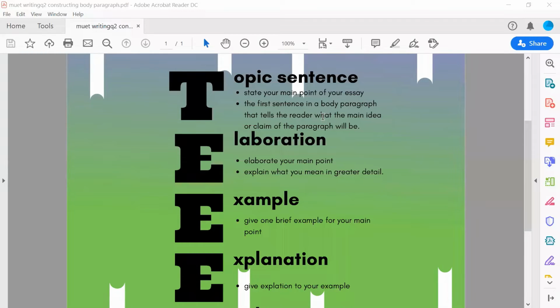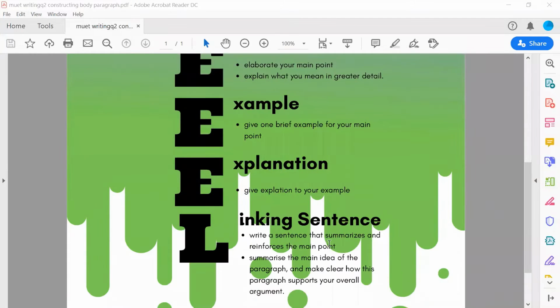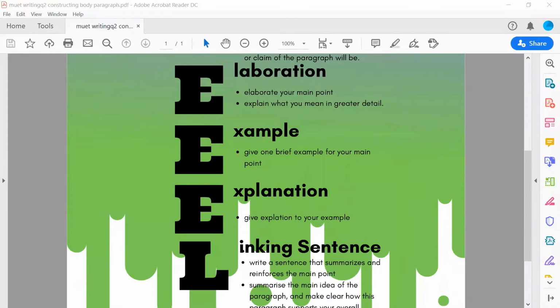Next, elaboration is basically like what I've explained just now. Elaboration is basically you're elaborating the topic sentence. After elaboration, you give an example and then you provide an explanation to this example, and then you give a summary. I mean, you summarize the whole thing with a linking sentence. So basically, how do you actually write? Now I'm going to show you.